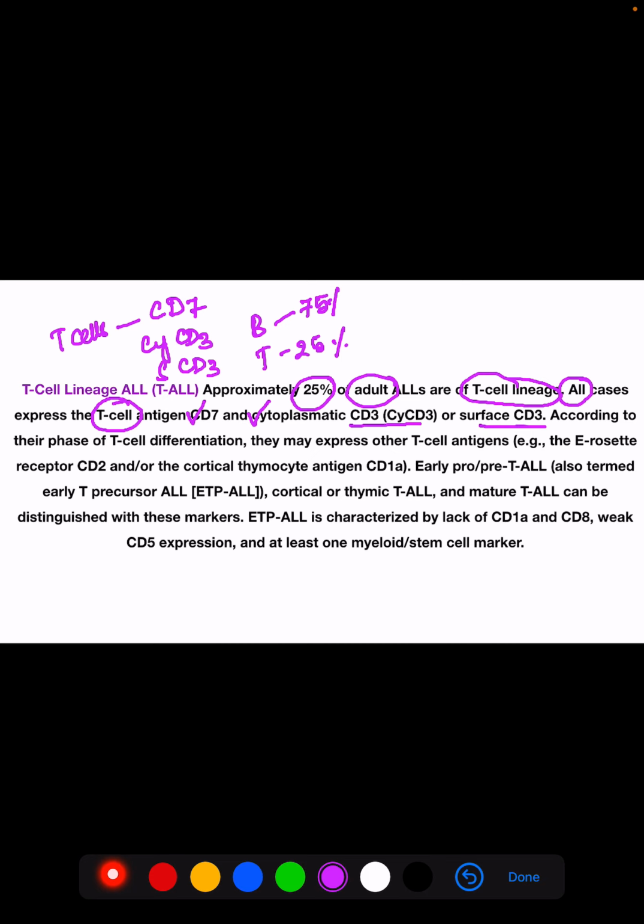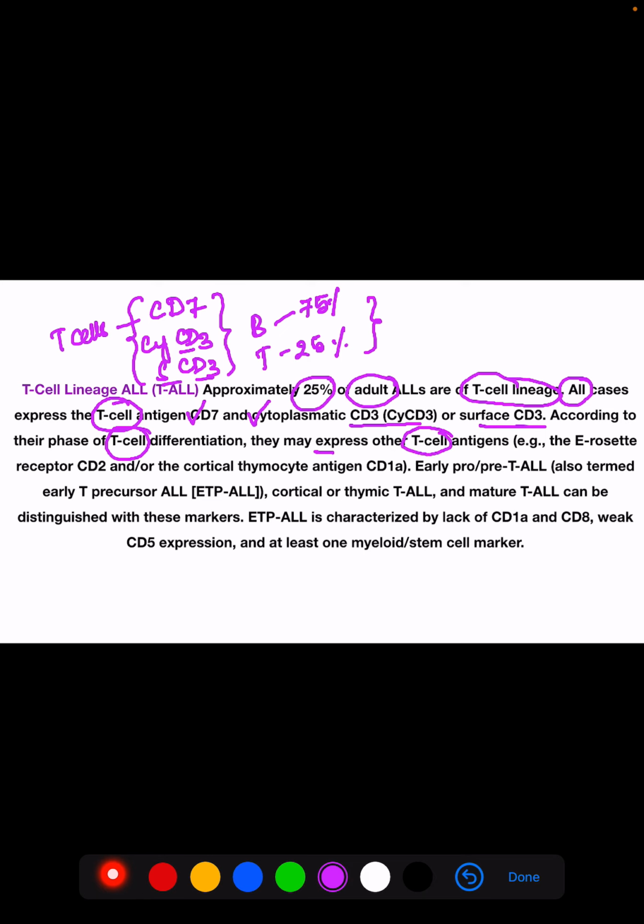According to their phase of T cell differentiation, they may express other T cell antigens.